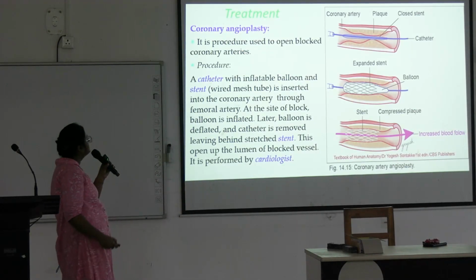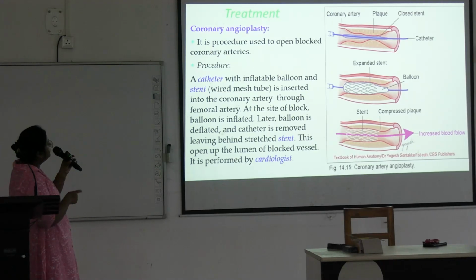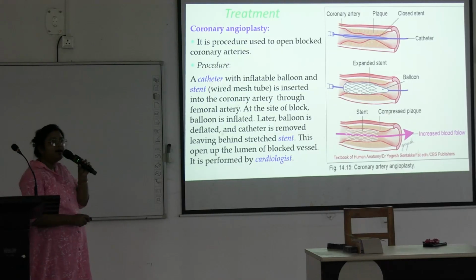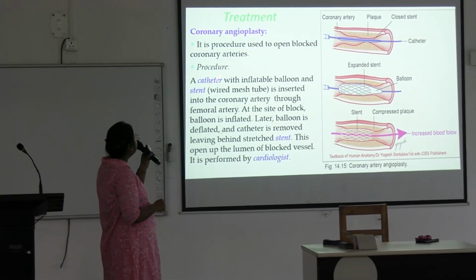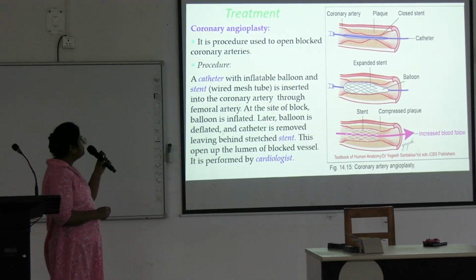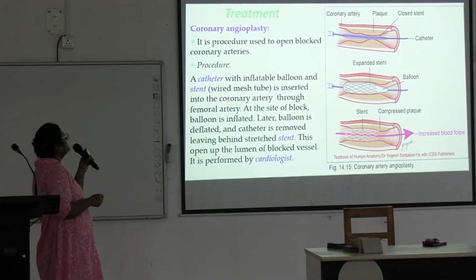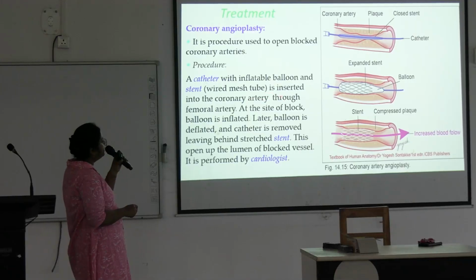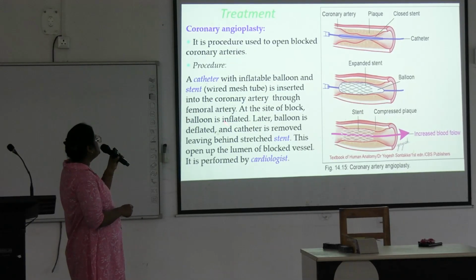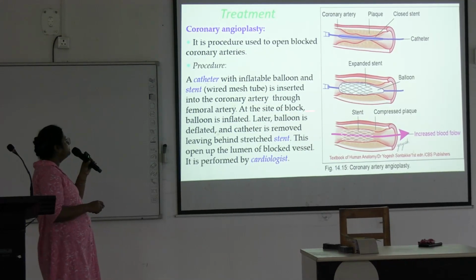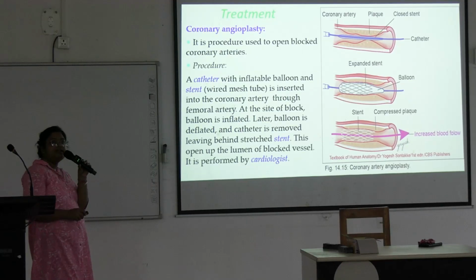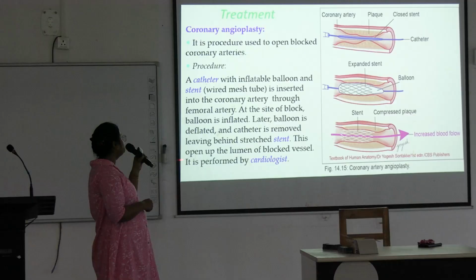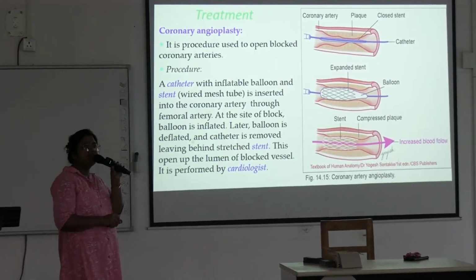Next. So the coronary angioplasty is a procedure used to open the blocked coronary arteries. What is the procedure? A catheter with an inflatable balloon and stent, which is a wired mesh tube, is inserted into the coronary artery through the femoral artery, and at the site of block the balloon is inflated, and later the balloon is deflated and catheter is removed, leaving behind the stent.